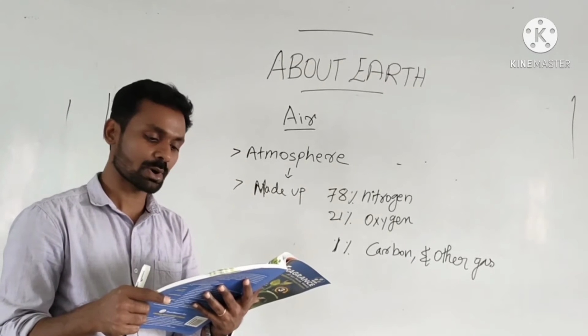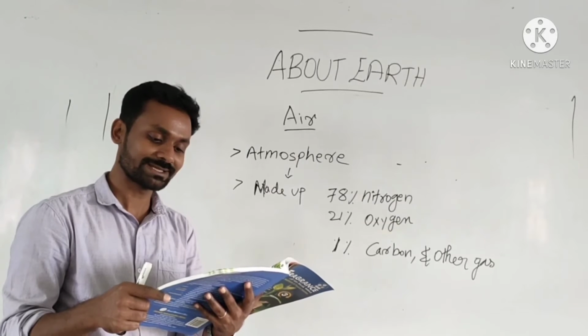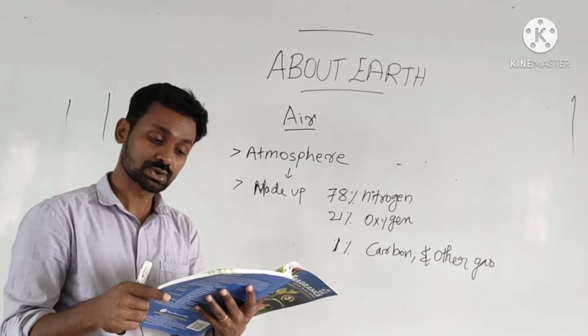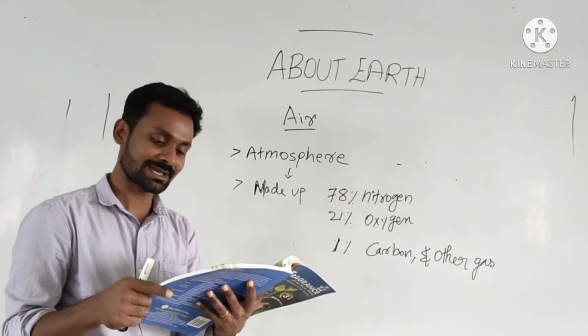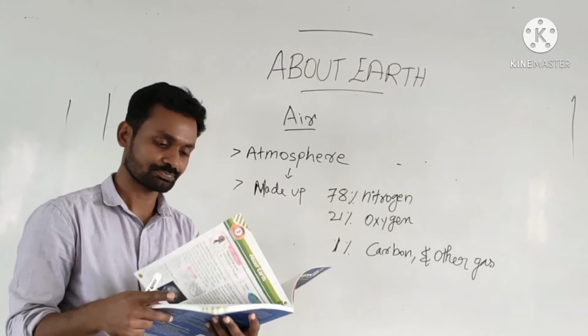These gases support life on the Earth. The Earth is neither too far from nor too close to the sun. The Earth's atmosphere has the right temperature for life to exist.